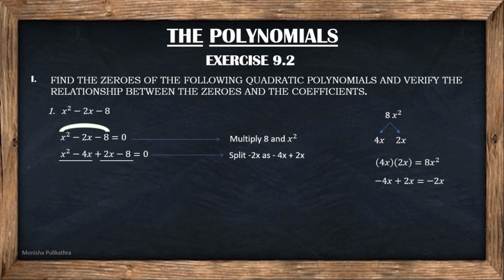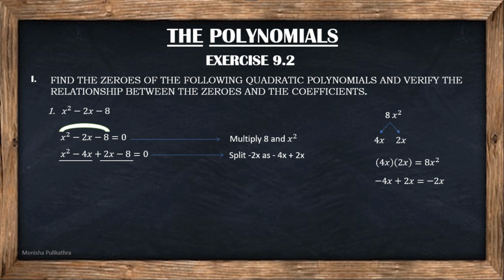If the 2 separate terms which you are replacing here satisfy these 2 conditions, then that is the exact pair you have to take. You can see here, after multiplying the extreme terms, you get 8x square. 4x into 2x is 8x square. Then you need to replace the middle term, which is minus 2x. When you add, minus 4x plus 2x is equal to minus 2x. So the 2 separate terms are minus 4x and plus 2x. So this is the method of replacing the middle term with 2 separate terms.